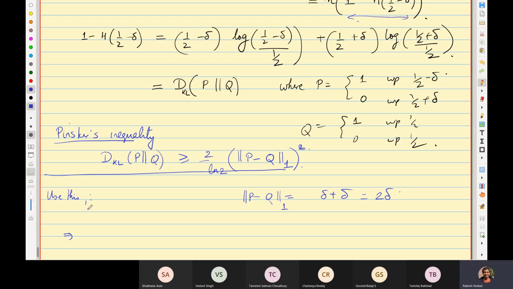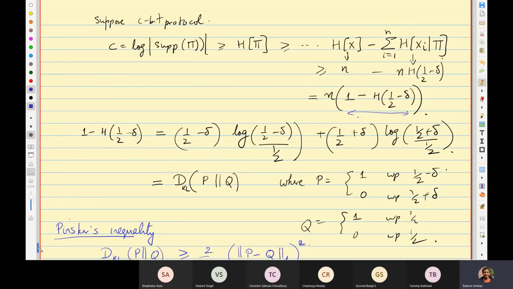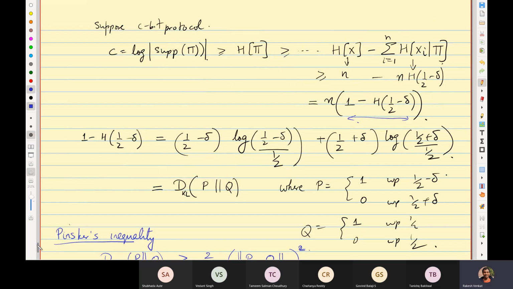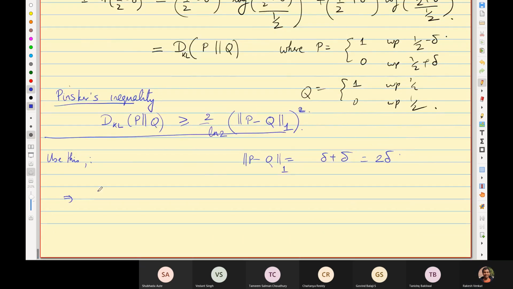So this implies all the way above. We had started from this chain of inequalities and led it to this, and we have estimated this last quantity to be at least n.